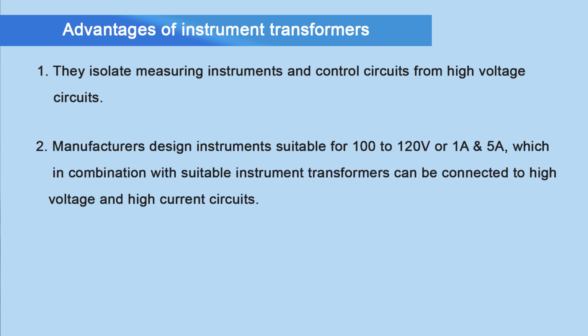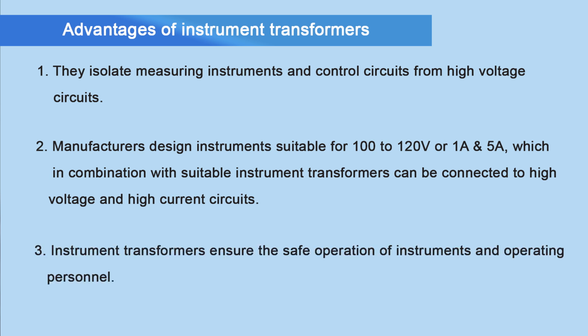Now the second one is manufacturers design instruments suitable for 100 to 120 volt or 1 ampere to 5 ampere, which in combination with suitable instrument transformers can be connected to high voltage and high current circuits, making the instruments reliable and economically viable.